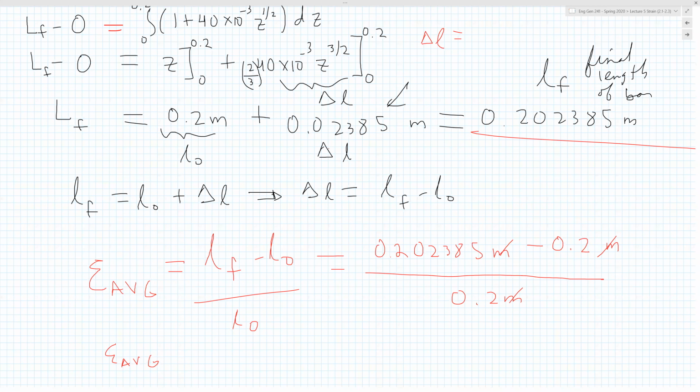I think it should be a 0. The confusing part is that 0.2 is already meters, so you have to have that 0. Otherwise, you're going to make the bar 0.4 meters. Okay. So on average, what was your strain on average? You have your final length of the bar, your initial length. What do you get there?